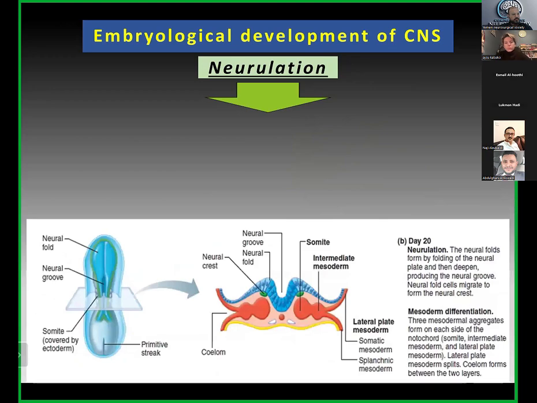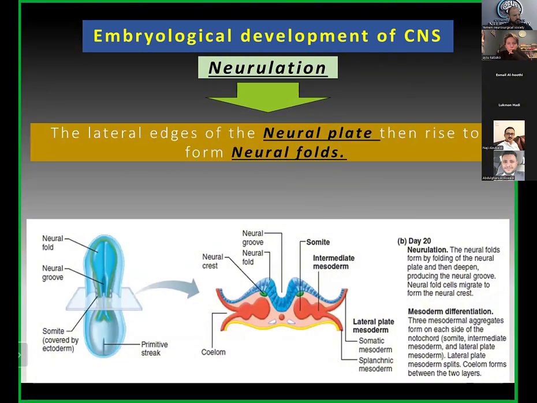This neural plate over the notochord starts to develop more and more to form a fold, and it will grow up and medially. This neural plate will grow more and make the neural folds, which grow up and medially to form a groove at the central part called the neural groove, and laterally is the neural fold.